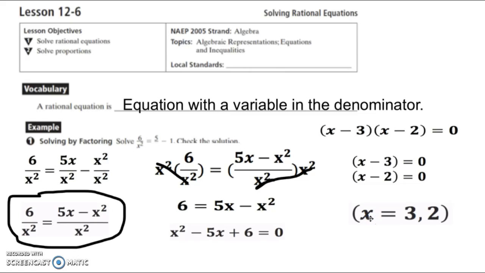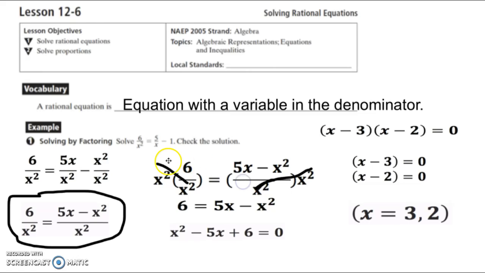Now, it's important to understand that we do have to watch for any values that will make our original equation have 0 in the denominator. If you go back to the original equation, we can see that any number that's going to make that denominator 0 is going to be part of our extraneous solutions, or not part of our solution set.